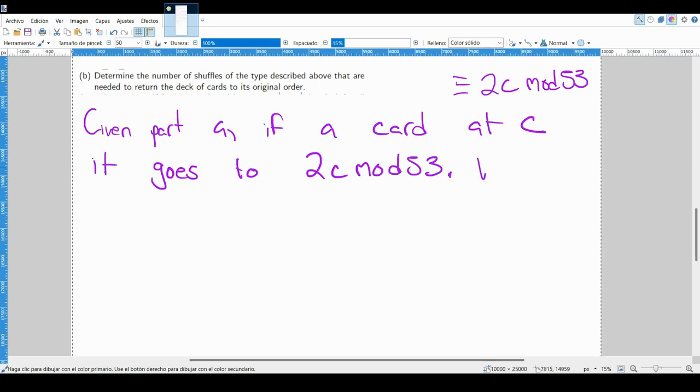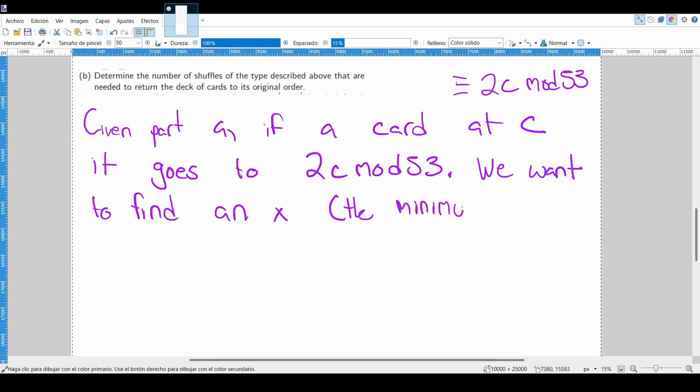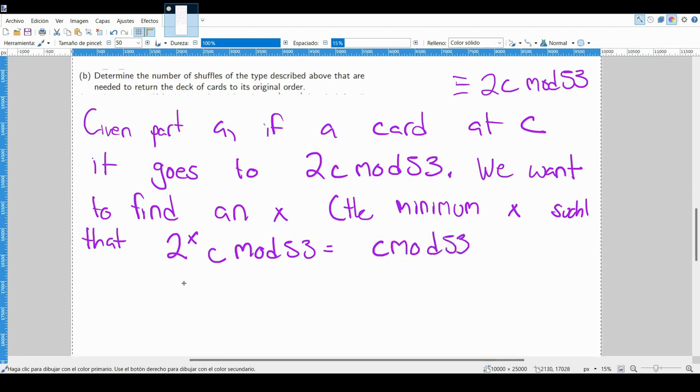If we know this, we want to find the minimum x such that 2 to the x times C mod 53 equals C mod 53, which is only possible if and only if 2 to the x equals 1 mod 53.